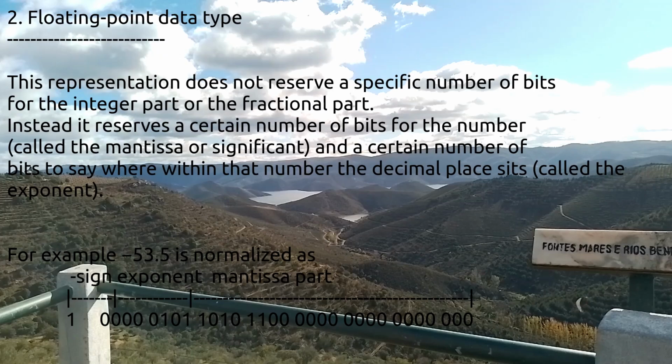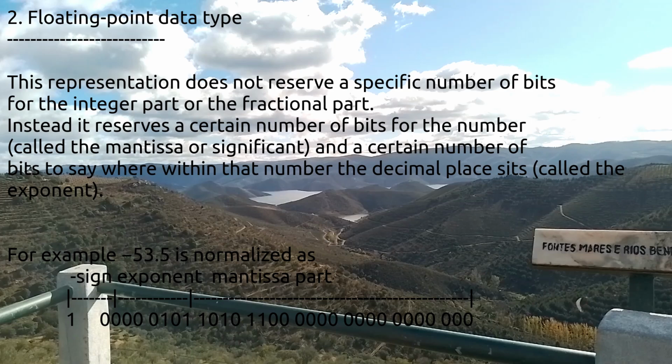Now the floating point data type. This representation does not reserve a fixed number of bits for the integer part or the fractional part. Instead, it reserves a certain number of bits for the number, which is known as the mantissa or the significand, and a certain number of bits to say where the decimal place sits, called the exponent.